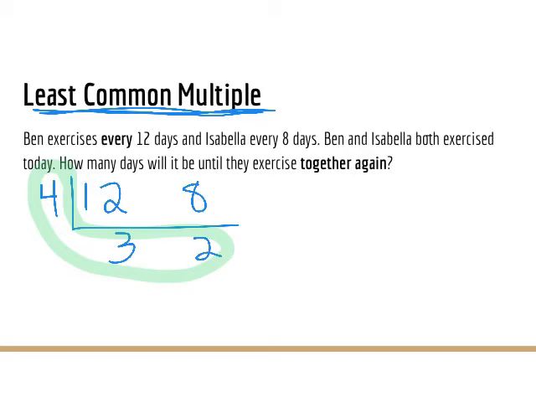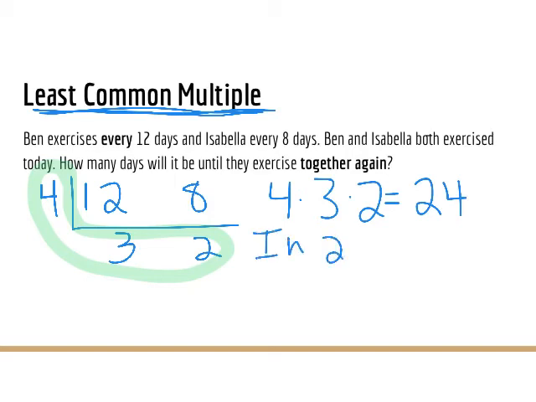So what we're going to do here is I'm going to multiply 4 times 3 times 2, and that's going to give me 4 times 3 is 12, times 2 is 24. So I will say in 24 days they will exercise together again.